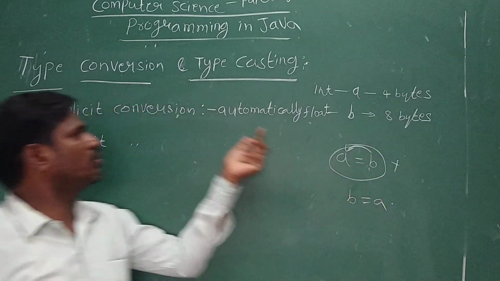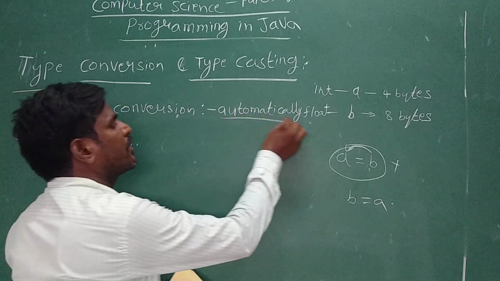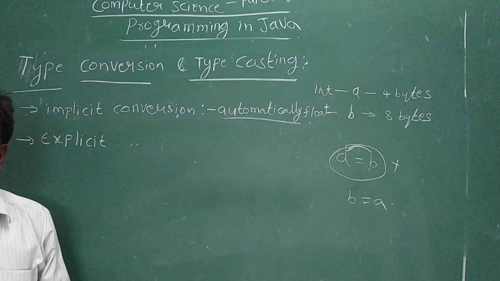So this will be automatically converted. This automatic process is called implicit conversion.